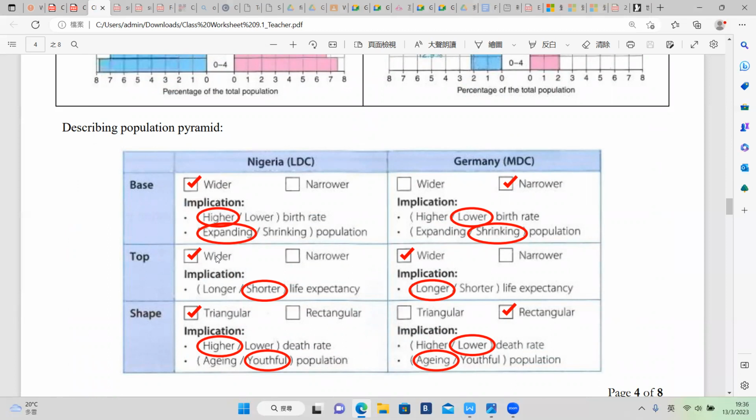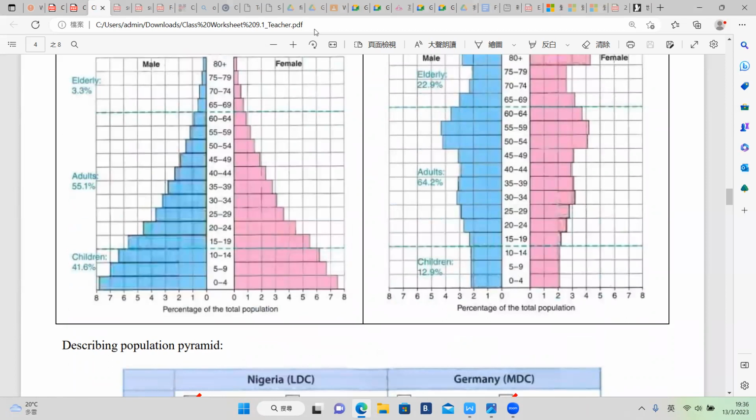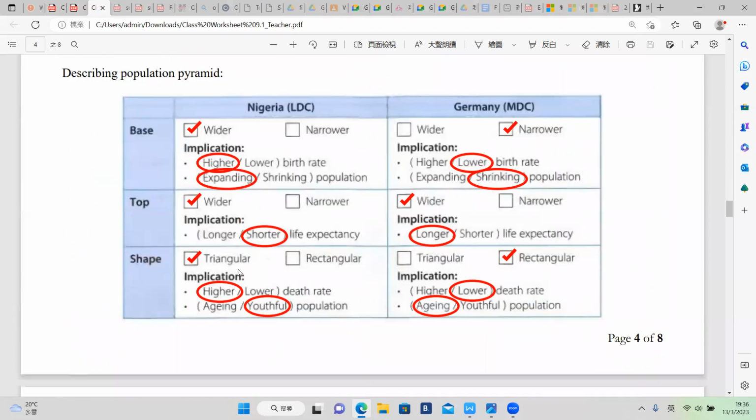The top is narrower, which means shorter life expectancy. The shape is triangular, like a pyramid. The death rate is higher and the young population is the major population in Nigeria.